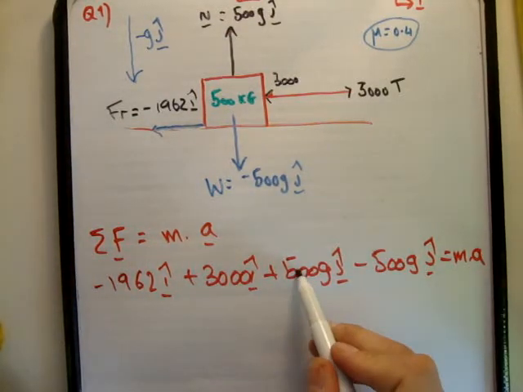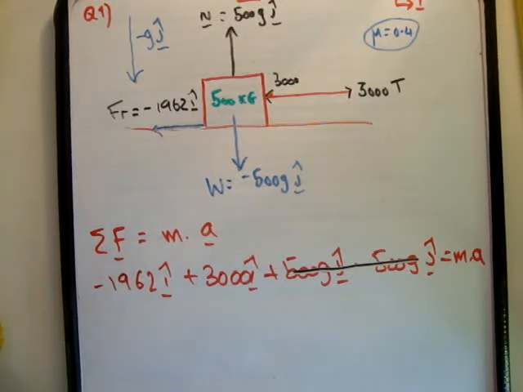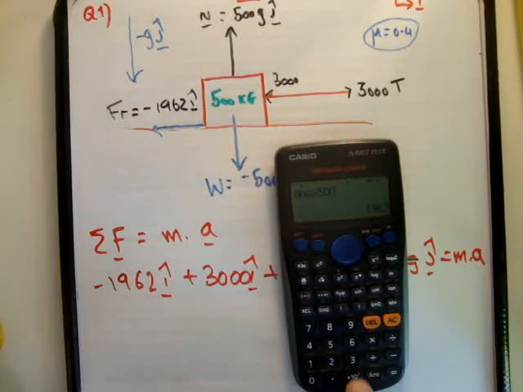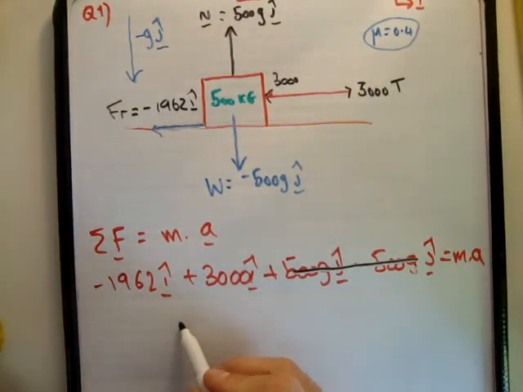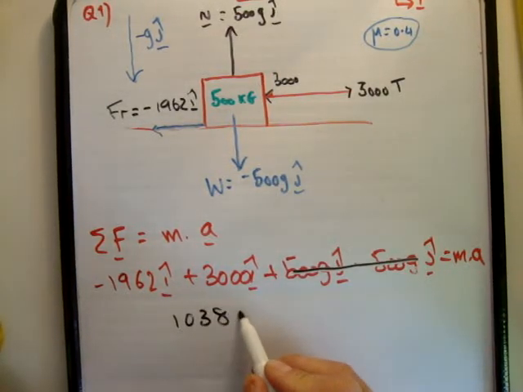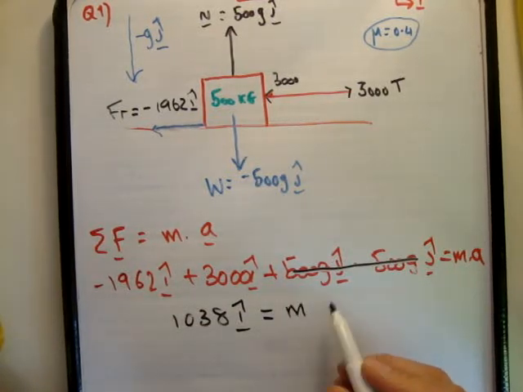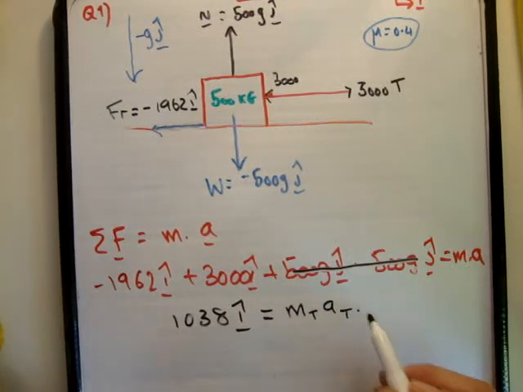Of course these two just cancel out. So we need to take 1962 from 3000, and we get an answer of 1038. So 1038 i-hat is equal to the mass of the tree times the acceleration of the tree.